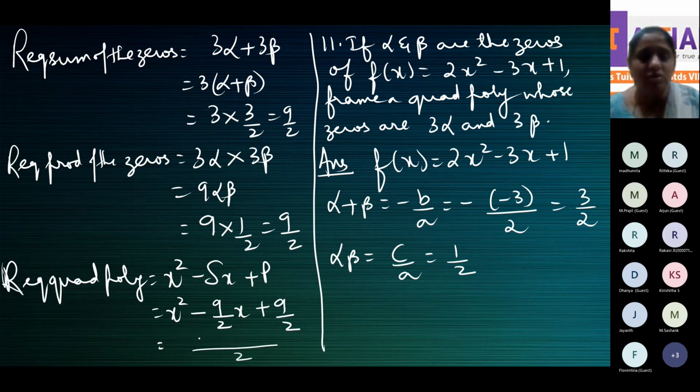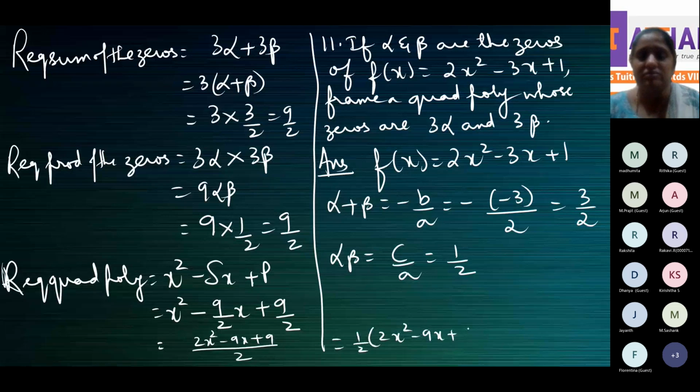What's the LCM? 2. So you will get 2x square minus 9x plus 9. Now in the next step, you can take 1 by 2 outside and write it as 1 by 2 into 2x square minus 9x plus 9. These are two different things. You can take the LCM and leave it like this, or write it with the 1 by 2 outside.